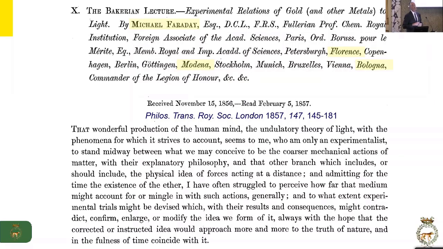And so Faraday was a very curious man, and he was actually working routinely changing topics. And actually, he was very recognized already at his time. You can see here a reduced list of the academies that he was a member of. Lincei is not there, but we see Florence, Bologna, Modena, and there is an et cetera, that maybe includes Lincei as well.